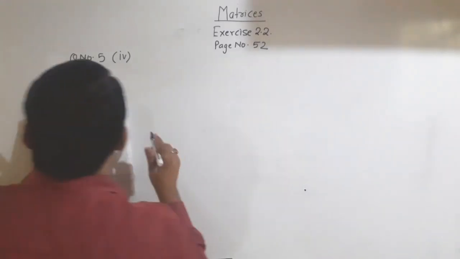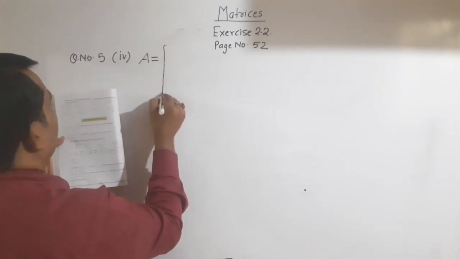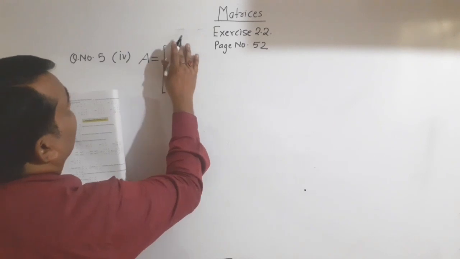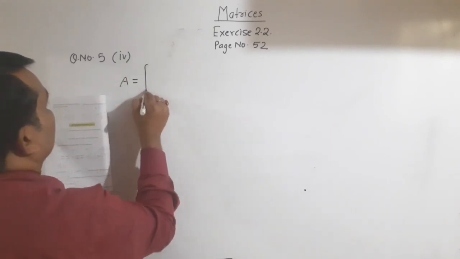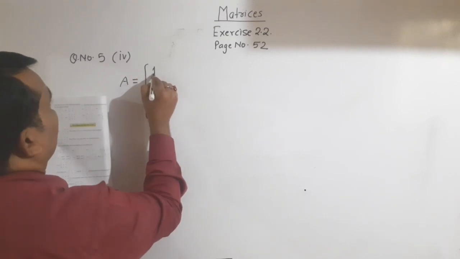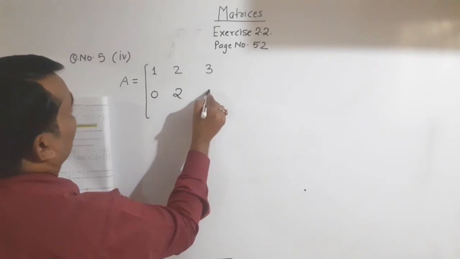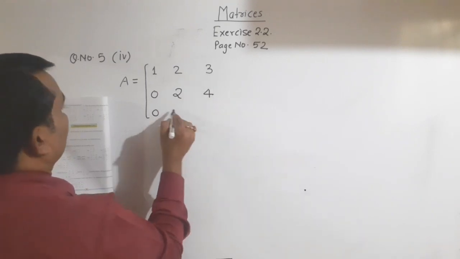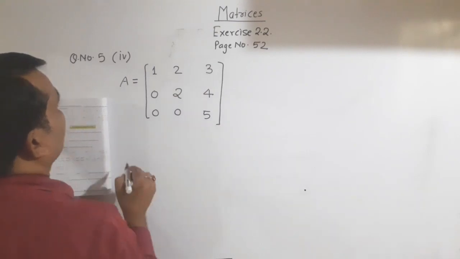Now see here, the question says A is, I'll take it down, A is 1, 2, 3, 0, 2, 4, 0, 0 and 5. Now try to understand.